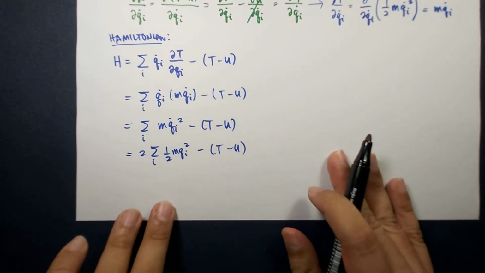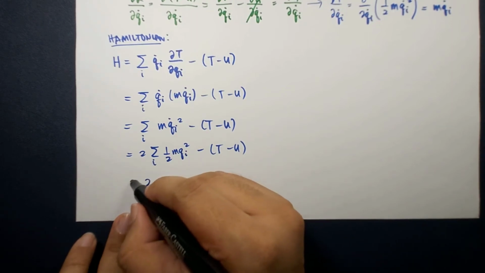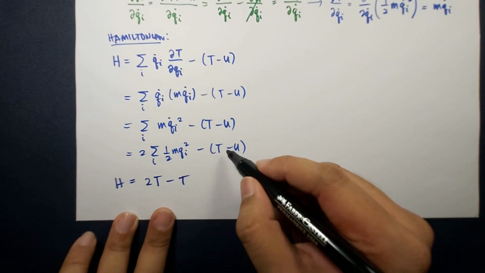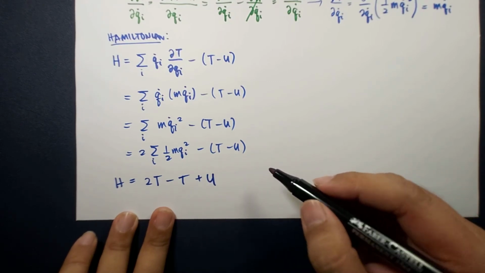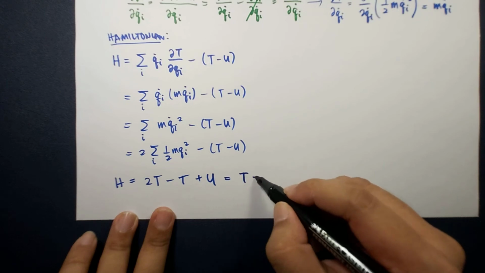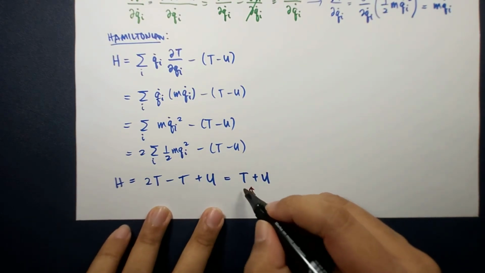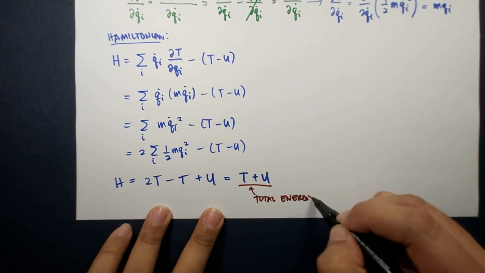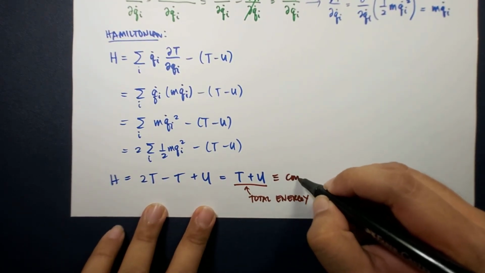This is your total kinetic energy of the system, which is equal to T. So the Hamiltonian is equal to 2T minus T minus U, so this is T plus U, which tells us that the Hamiltonian is equal to T plus U. And what is T plus U? It is the total energy of the system. And we know that this is a constant.